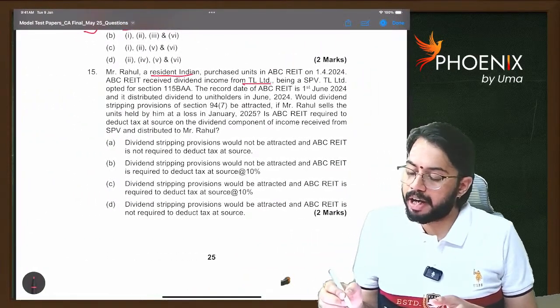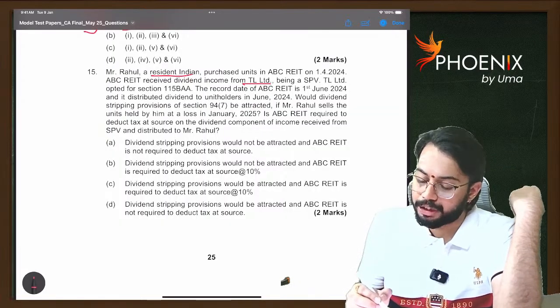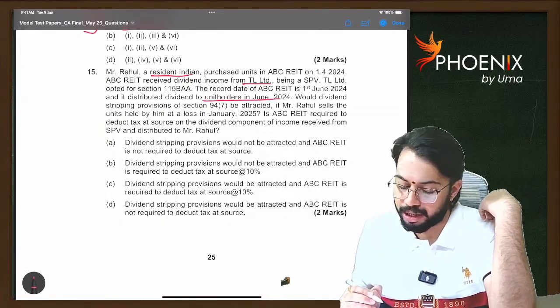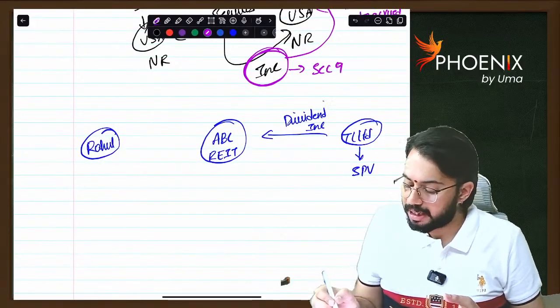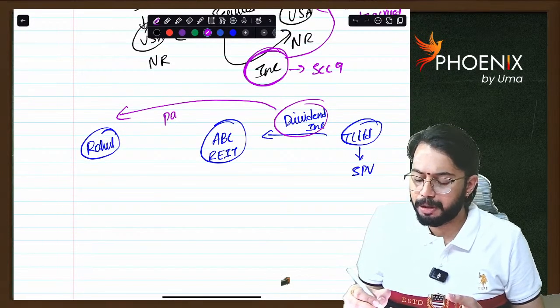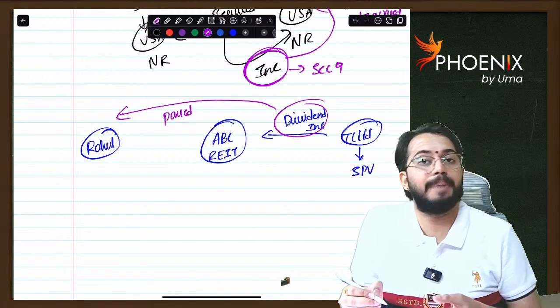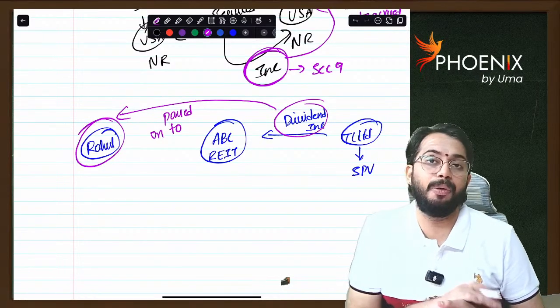Next, the record date of ABC REIT is 1st June 2024 and it distributed dividend to unit holders. See, whatever the dividend is there, the dividend is passed on to unit holders. So it enjoys pass through status now. So dividend is passed on to Mr. Rahul.